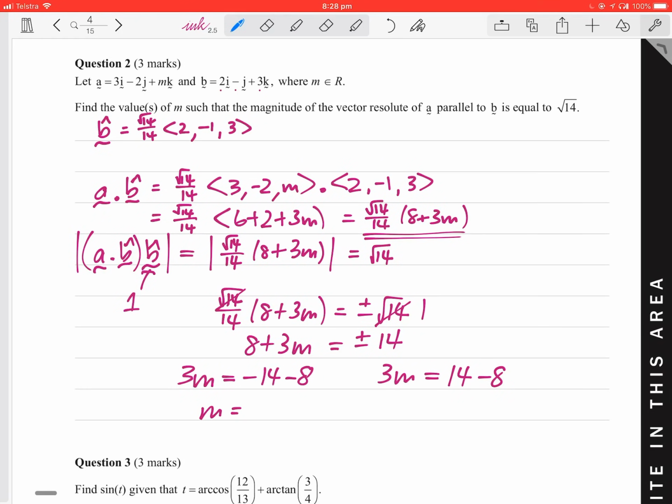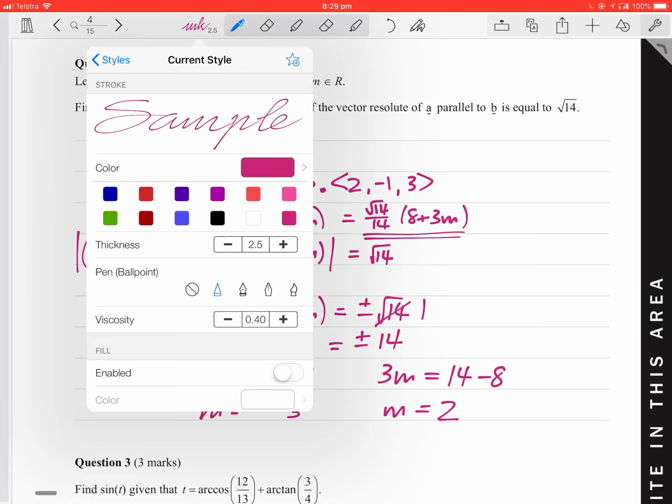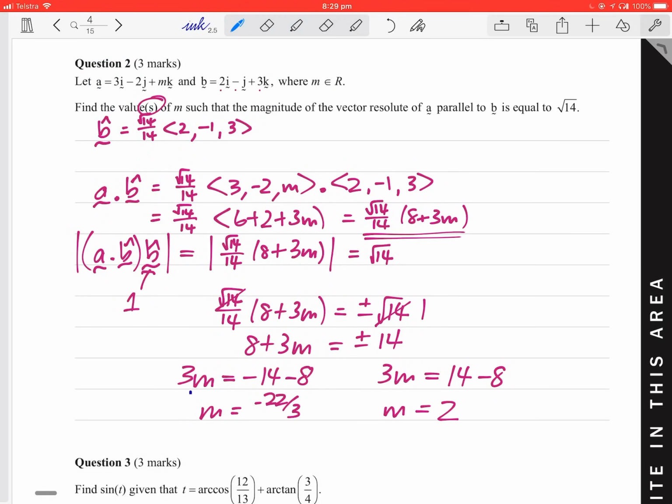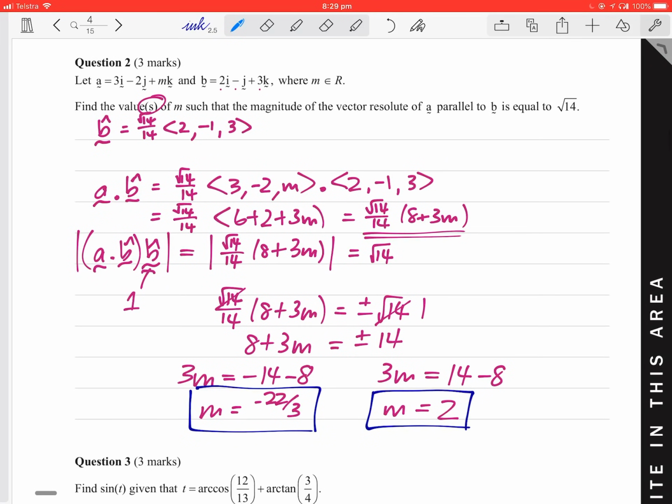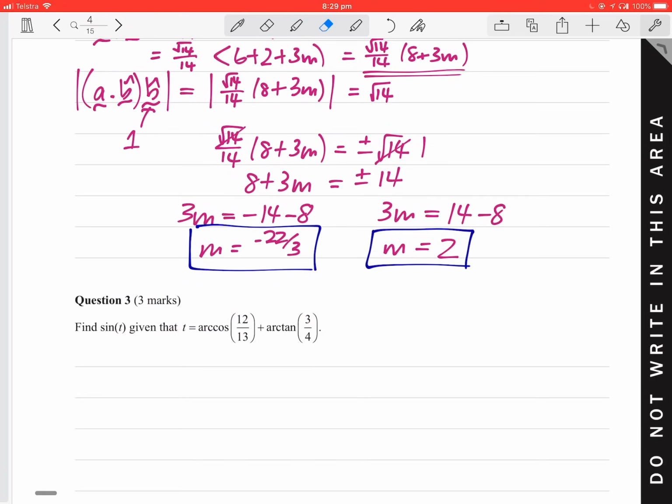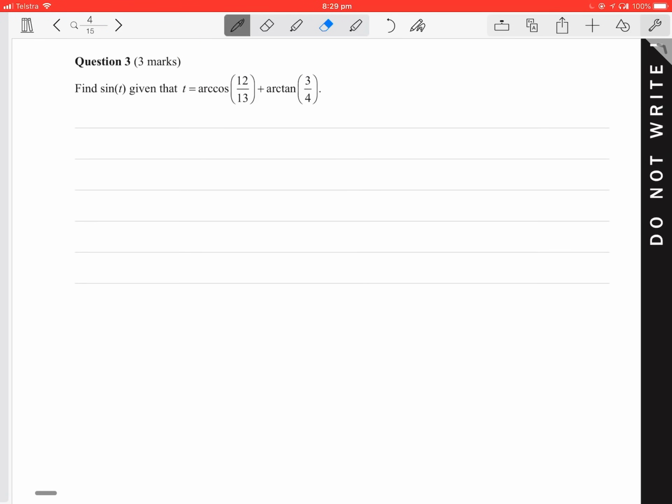So m is negative 22 on 3, and m is 6 on 3, which is 2. When it said values, I thought there must be multiple values. I think a lot of people would forget that when you get rid of the modulus signs, it's plus or minus on the other side. They might just get one solution.